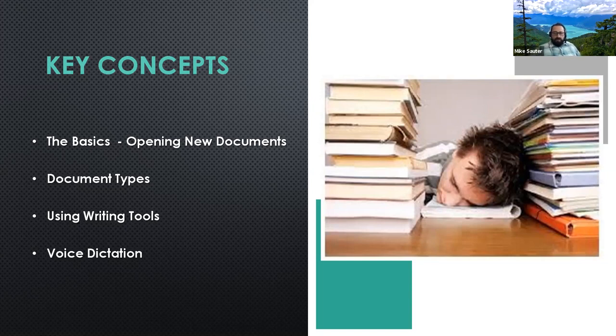We will look at the specific writing tools that are also built into Kurzweil, things like the spell check and the font options, and then also word prediction, which is pretty neat. And then finally, we will go into the voice dictation. That's right, Kurzweil has voice dictation available. And that means you can literally speak and it will type what you're speaking.